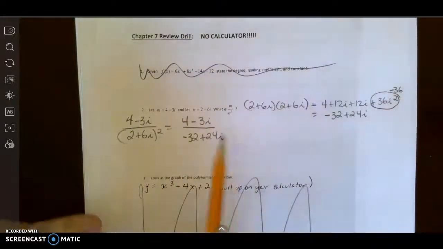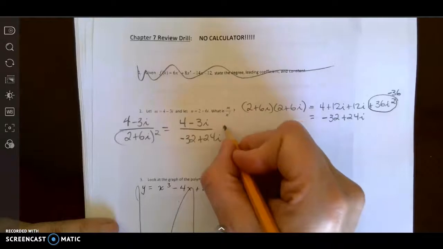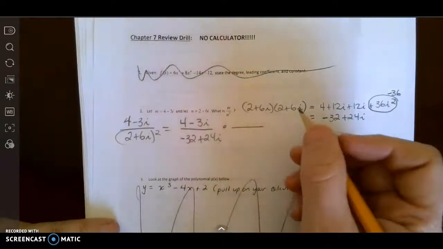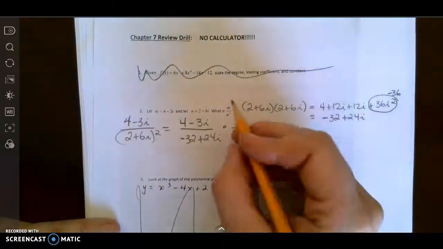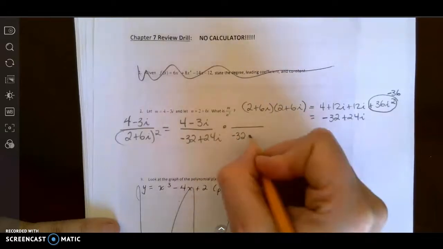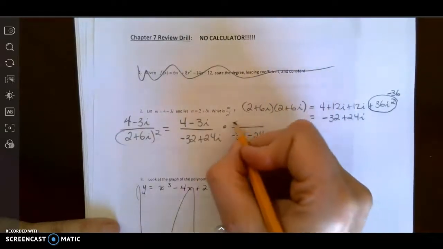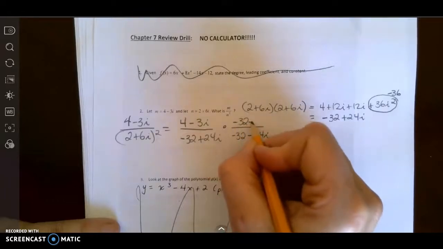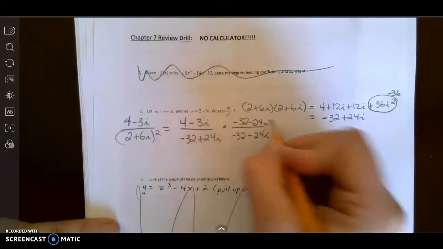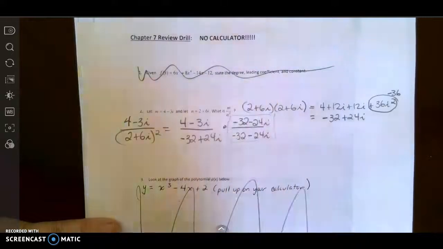In order to rationalize this denominator, I have to multiply by the complex conjugate. Complex conjugate, the first term stays the same and the second changes to minus 24i. I need to multiply by the same thing on the top and the bottom because I'm really just multiplying by the number 1.